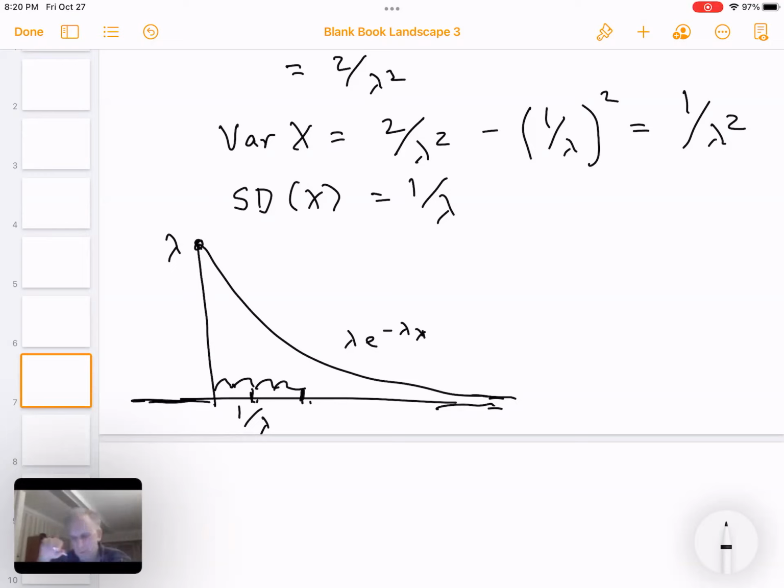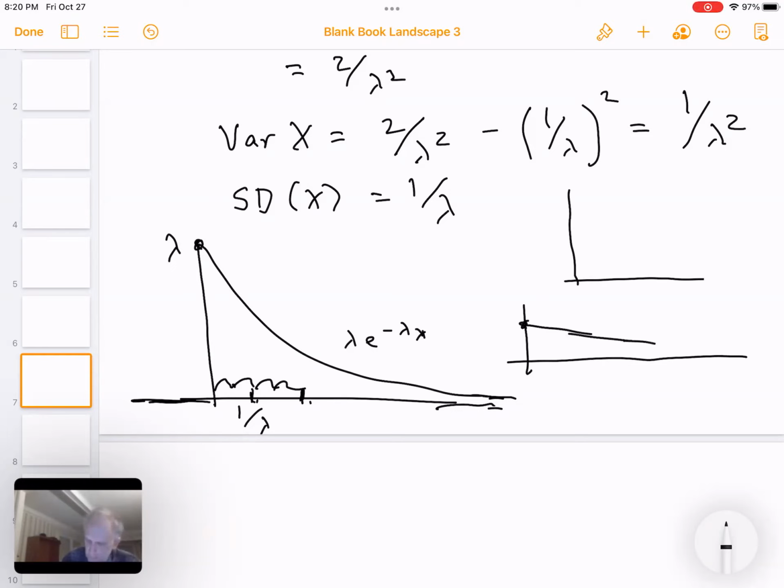So remember this idea that with the exponential, when the rate is high, the mean is low. So let's put a couple values in here. Let's say we have some low one, and let's call this, maybe this is 4 and this is a quarter here. And some high one, maybe this is 3 or something, and it decays really sharply, and say the mean here is 1/3.